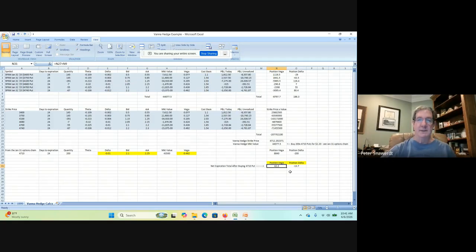This is just: I don't feel good about going into the weekend with my portfolio as it is, so let me put one trade on that I can take off on Monday or choose not to. In other words, I'm giving myself all kinds of optionality going into the weekend.